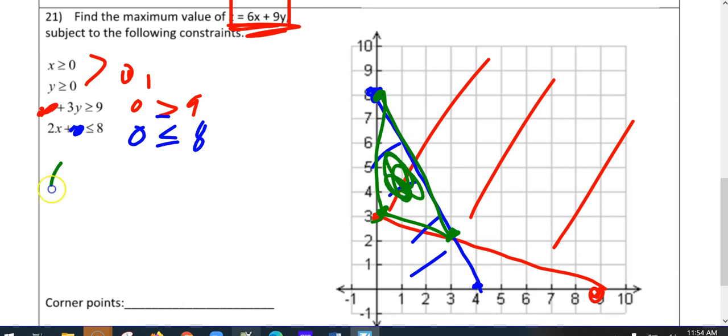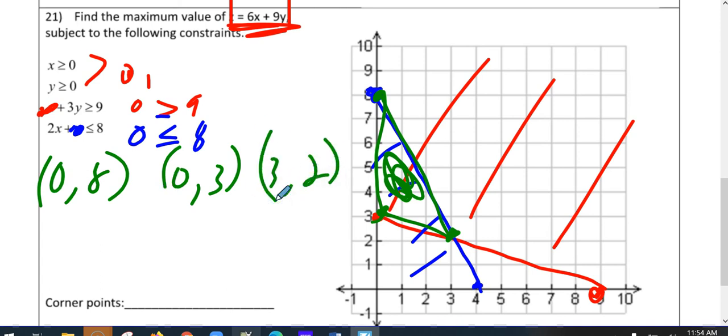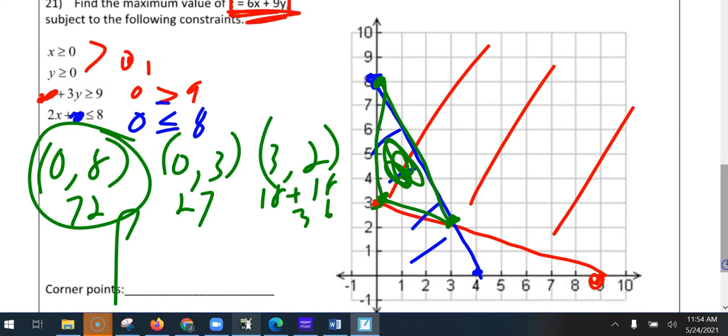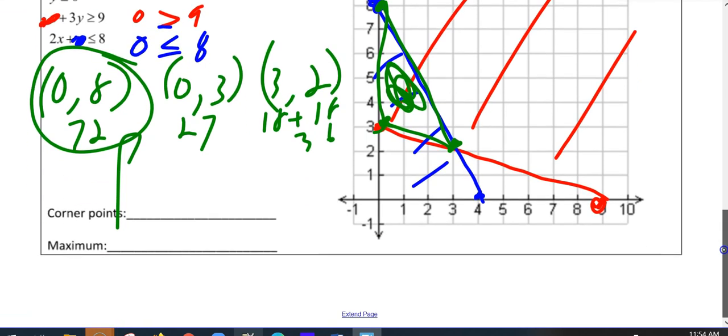Corner points. 8. 0, 3. Plug these in. $72. 8.